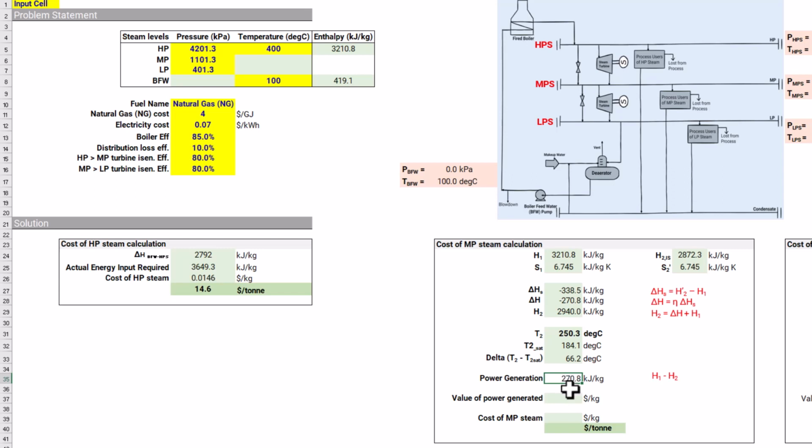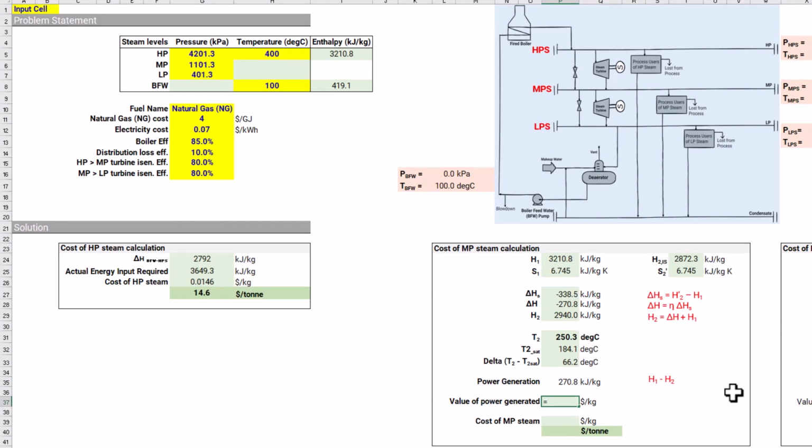Power generation is simply H1 minus H2. So the value of this power generated would be like 270.8 multiplied by our cost of electricity, and the unit of this cost of electricity is dollars per kilowatt hour. So we need to take into account the unit. So kilowatt hour, let's divide this by 3600.